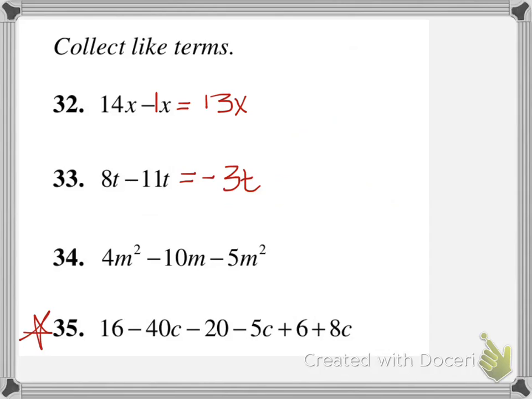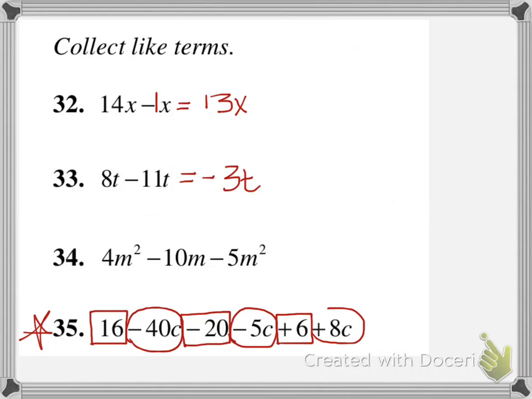Like terms, I see numbers, so I'm going to go and just put boxes around all my numbers. Notice I'm including the signs. Every number has a sign, it's just the number or the sign right in front of it. And then I have terms that have c's in them. So I'm going to group all of my numbers together.